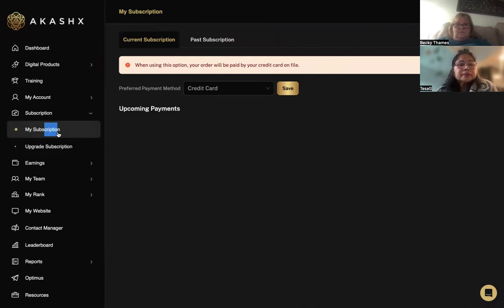So right here is where you click on the info. Does that make sense? I'm going to hit stop share because I don't know if my credit card info's in there, but I'm going to look and see right quick what it says.